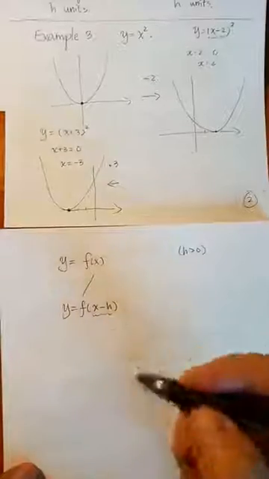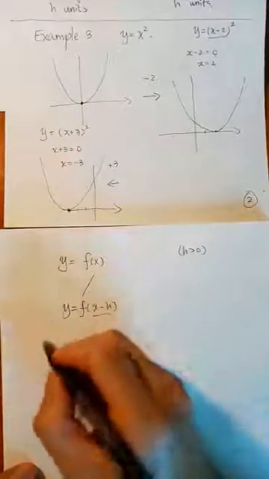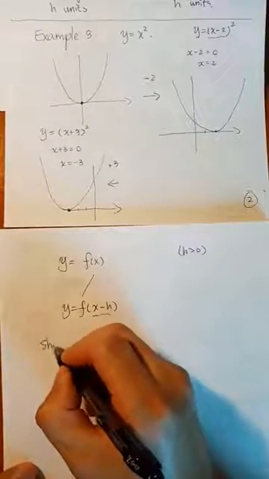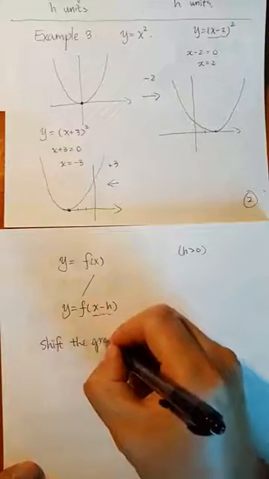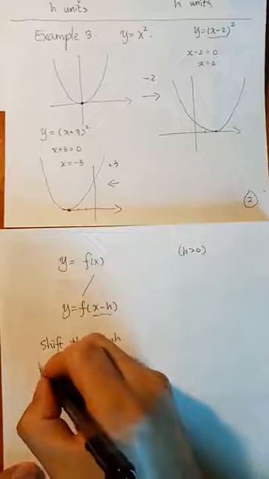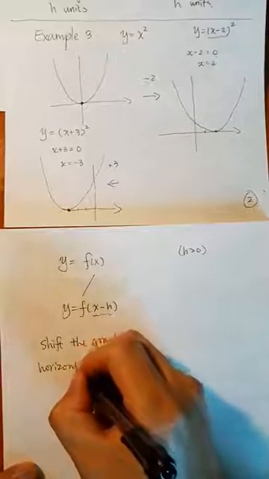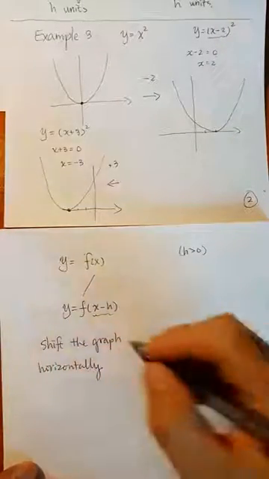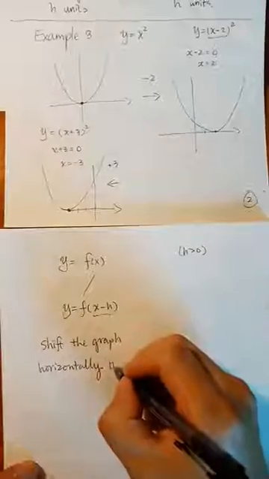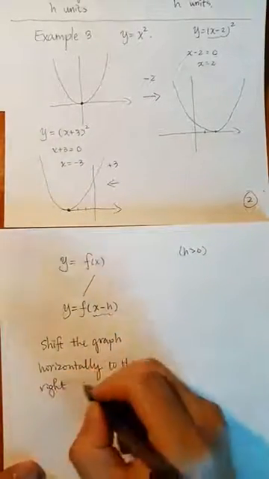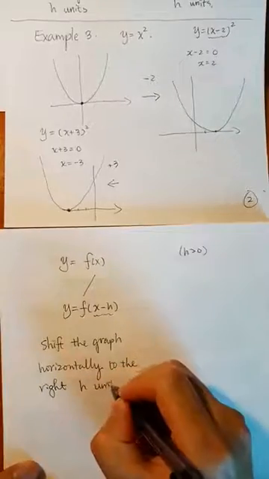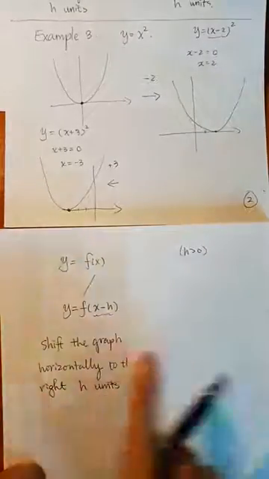When you have f of x minus h, let's check. You are going to shift the graph horizontally to the right h units.